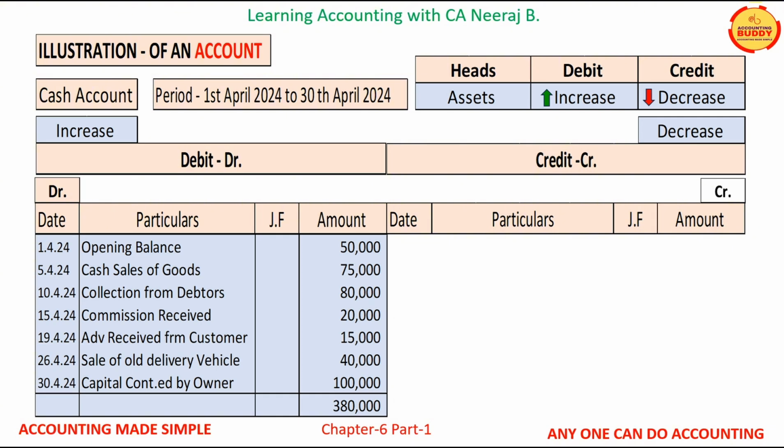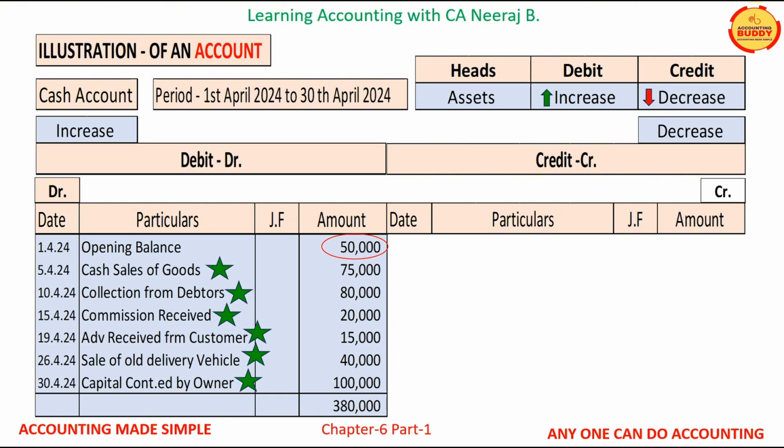Now in the given illustration, we have an opening cash balance of 50,000, and during the month of April 24, the business has received cash from sales of goods 75,000, collection from debtors 80,000, commission of 20,000 is received, advance of 15,000 is received from the customer, cash received from the resale of an old vehicle is 40,000, and capital of 100,000 is contributed by the owner.